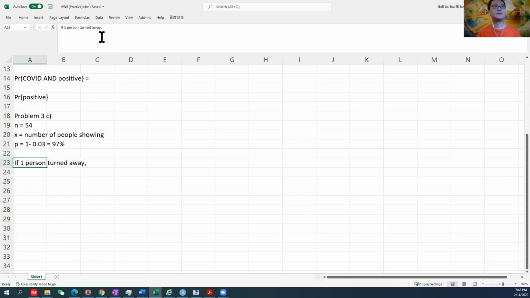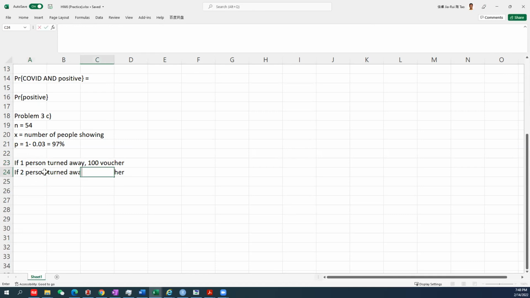Any thoughts? $100. Yeah, $100 voucher. Then does this amount change if there are additional customers being turned away? What would that be if two customers were turned away? It will be 200, right?